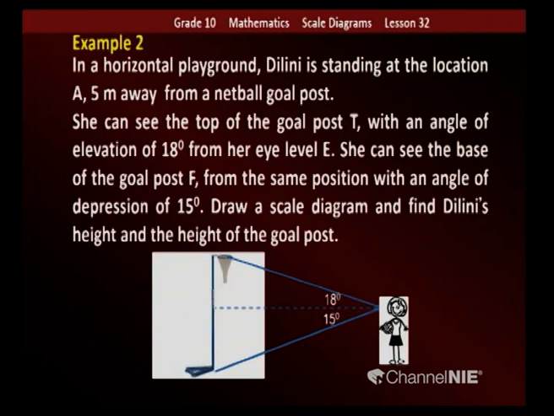She can see the top of the goal post T with an angle of elevation of 18 degrees from her eye level E. She can see the base of the goal post F from the same position with an angle of depression of 15 degrees.